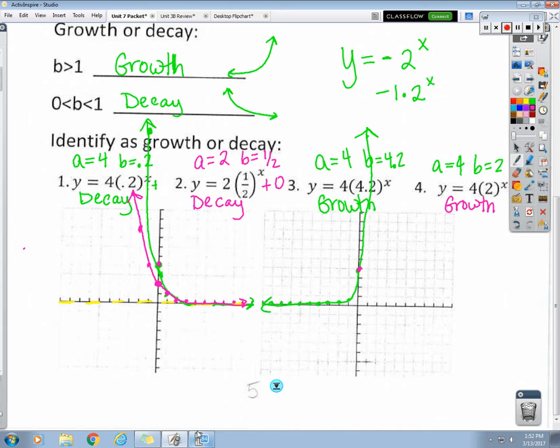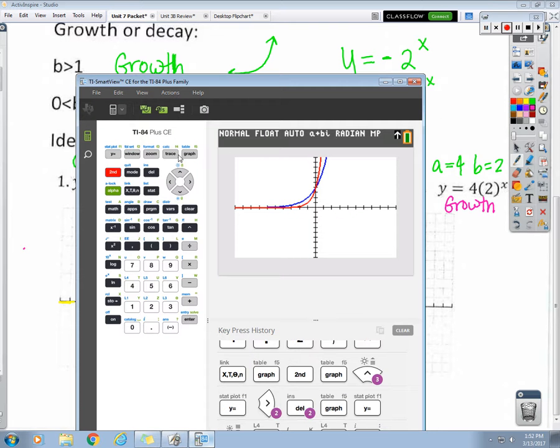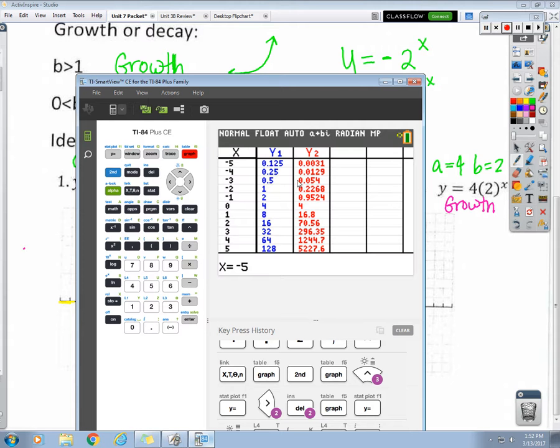Okay, so let's find some nice points for that one. We're looking at the blue numbers this time. On the left side, you can see that it's getting closer to 0. As you go left, it goes to 0.5, then lower to 0.25, then lower to 0.125, then even lower. So the left side is where your asymptote is.